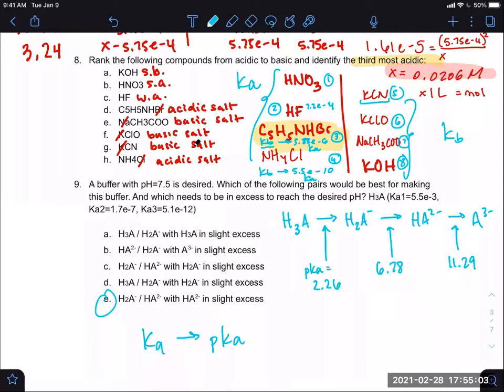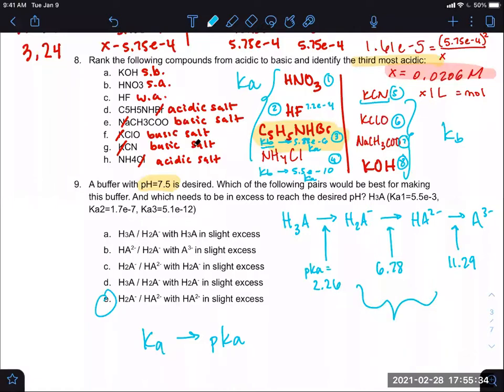So we can get a pH of 7.5, okay? On this scale, it looks like 7.5 is going to be somewhere here. So basically, what we want is, it's going to be somewhere between these two pKas.